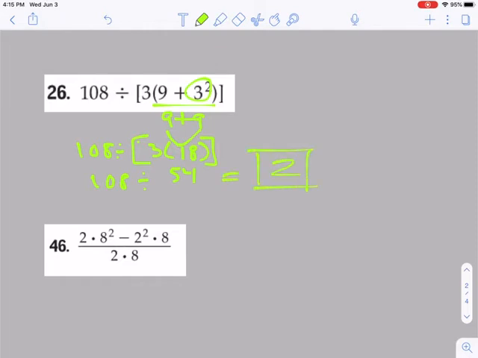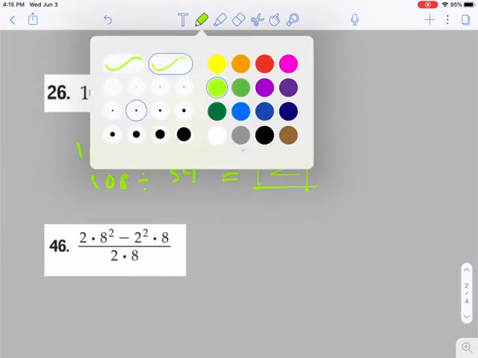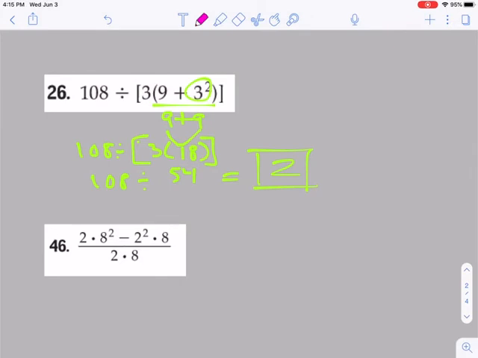So away you go. All right, next we've got this problem right here. This is 2 times 8 squared minus 2 squared times 8, all over 2 times 8. So a lot of 2's and a lot of 8's and a lot of confusion if you let it trip you up. The nice thing is there are no grouping symbols, all right?